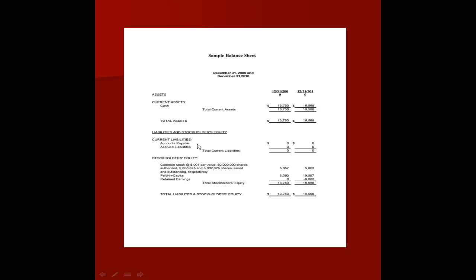So if you bought copy paper from Office Depot, but you have an account with them where you pay them every 30 days, and that cost you $60 for several cartons of it, well, then you've got an account payable as soon as you take it home, because you've signed for it and you put the $60 in here. Now when you pay it, you take it off accounts payable. That's the accrual method.